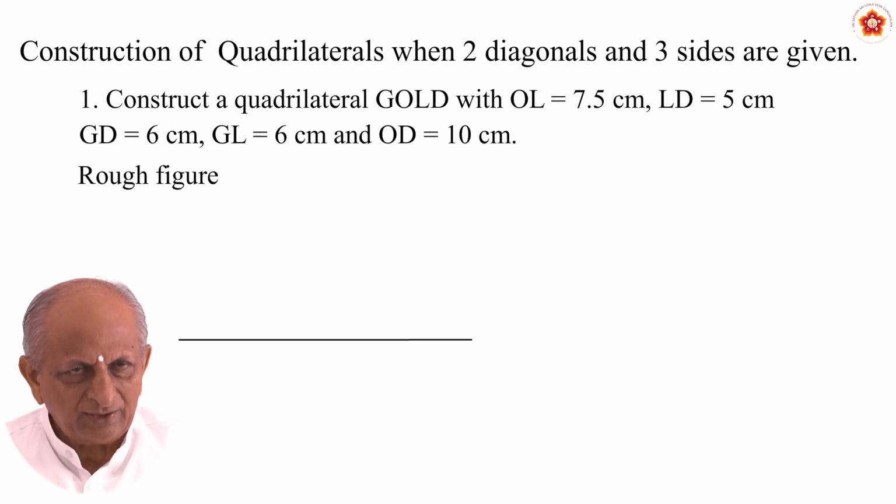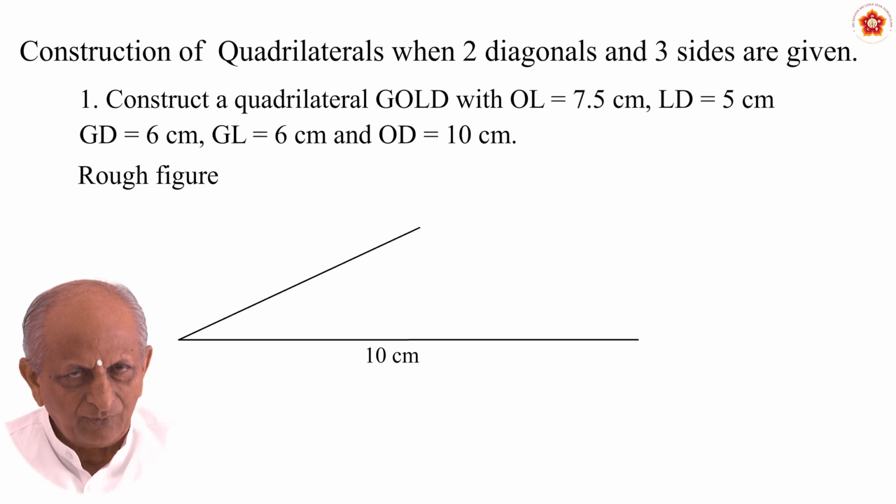First, let us take the OD diagonal as 10 centimeters. Then draw the sides OL 7.5, LD 5 centimeters, GD 6 centimeters, GL 6 centimeters, and diagonal OD 10 centimeters.